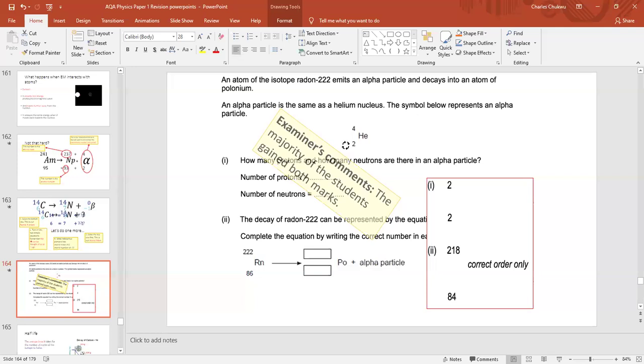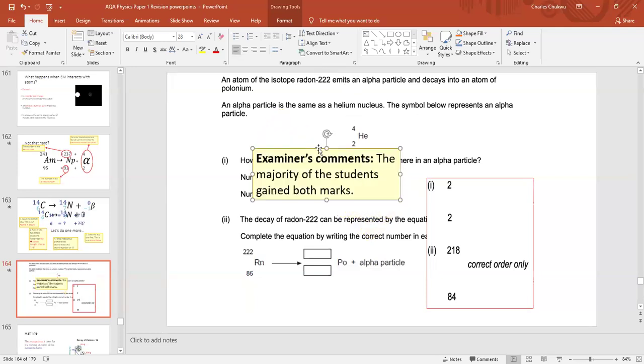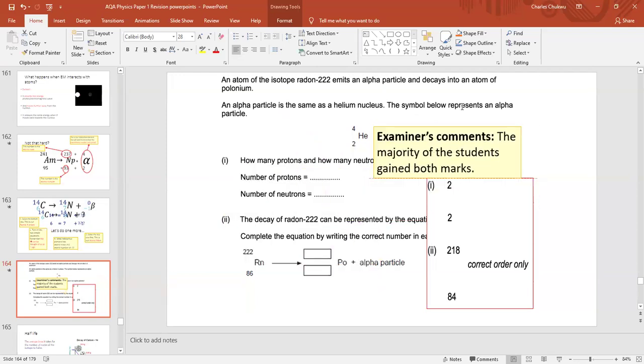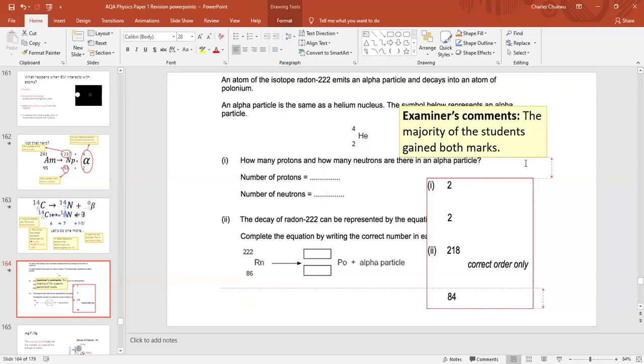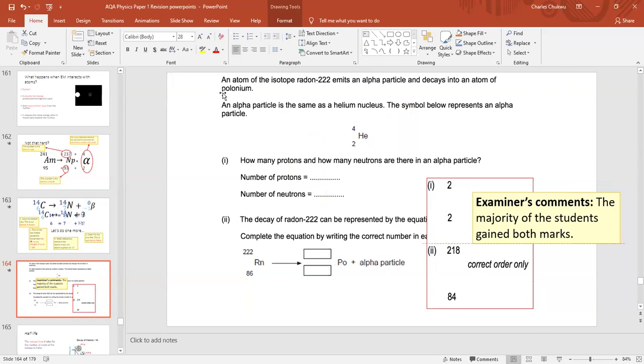Let me flip this the other way around. Okay, so this is an example of a question. This is how the question typically looks. An atom of the isotope radon-222 emits an alpha particle and decays into an atom of polonium.